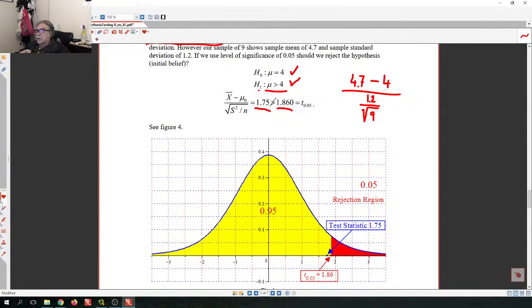So sometimes the question is about the null claim, sometimes about the alternative claim. You think about it. The test is always about rejecting or not rejecting the null claim, which means at the same time accepting or not accepting the alternative claim. So if you need to accept something, it's going to be the alternative claim. If you need to reject something, that's the null claim. That's the setup of the test.